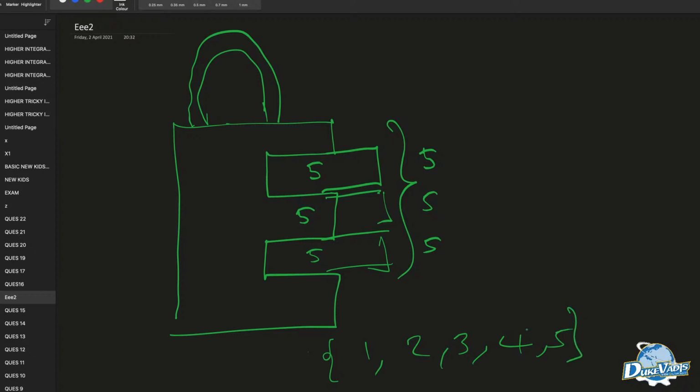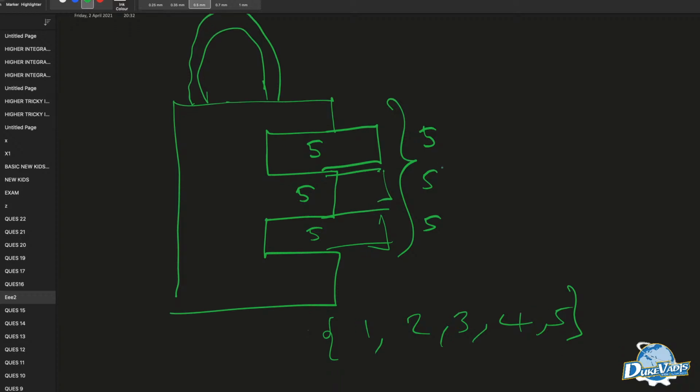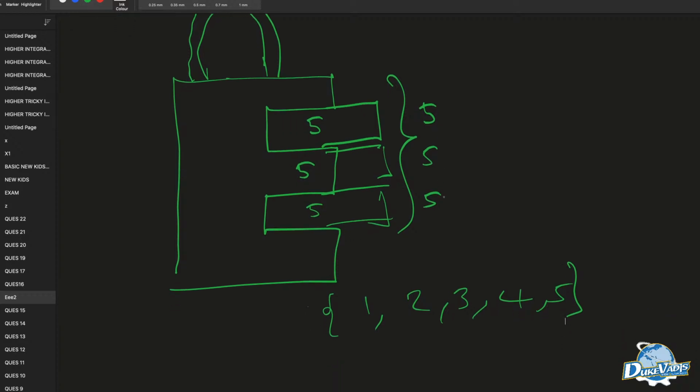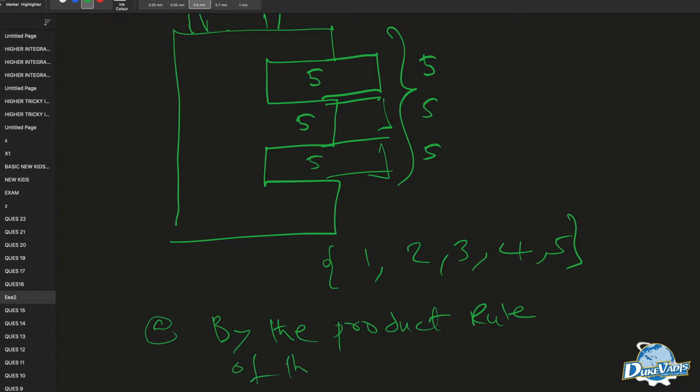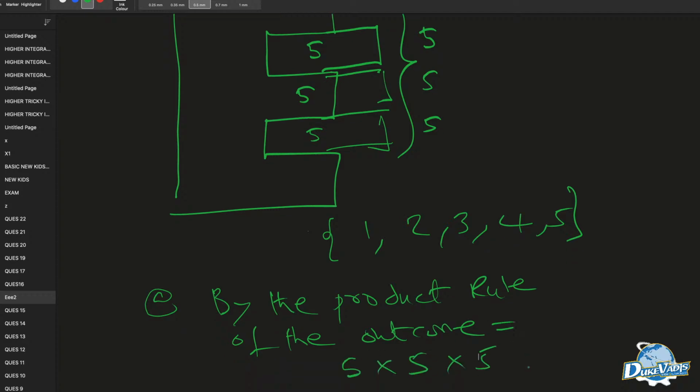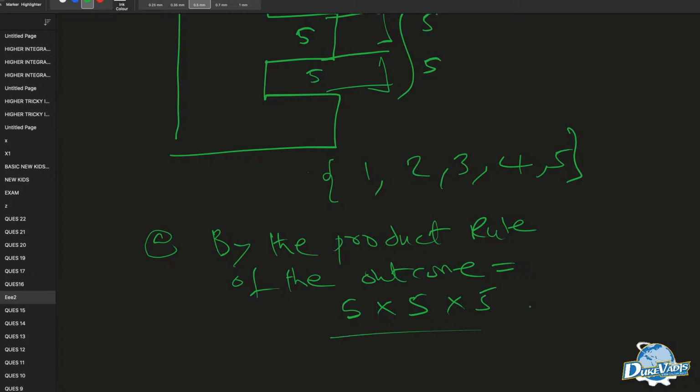So if we know that the sample space is 5 by 5, then by the product rule, the outcome will be 5 multiplied by 5 by 5, and this will give us 125.